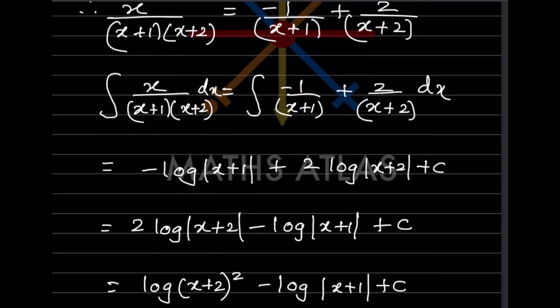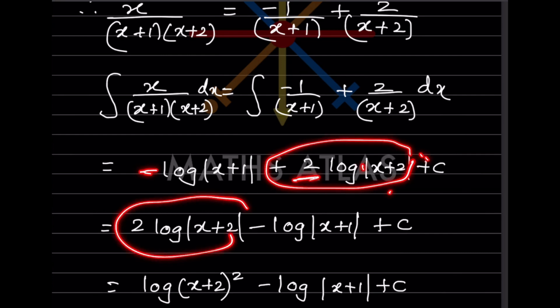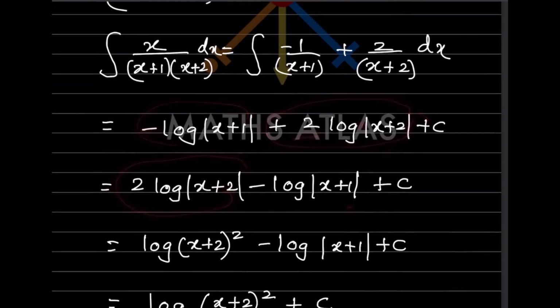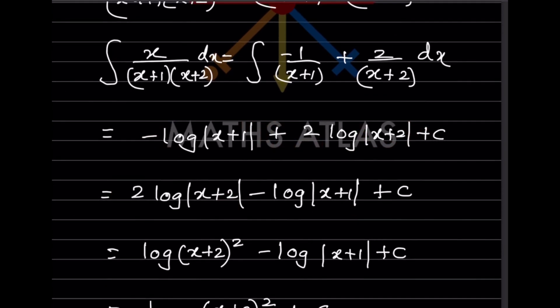So now you will see this is minus and this is plus, so I have just rearranged. This plus I took at the start, and this minus I kept here. Now I can also write this part as 2 log of x plus 2, where the 2 is at the start. I can put a bracket and put a square over here, and this will be as it is.